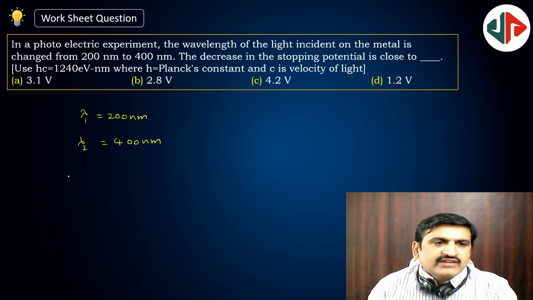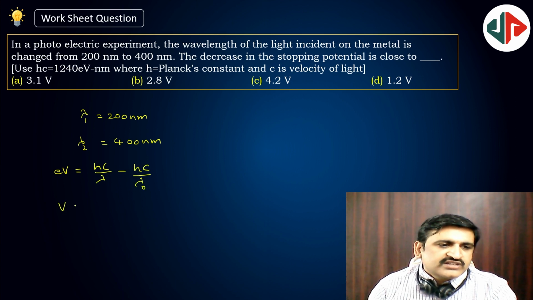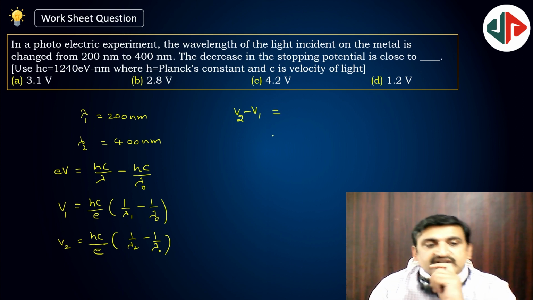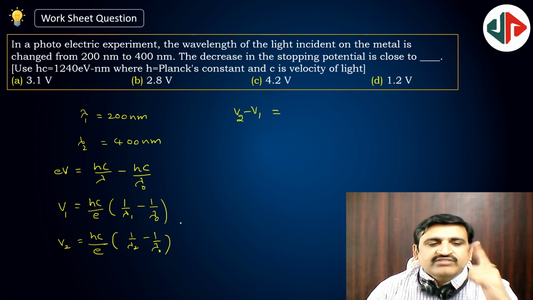See, we have stopping potential: eV, the kinetic energy, is equal to given energy hc by lambda minus work function energy hc by lambda naught. That means stopping potential V1 is hc by e into 1 by lambda 1 minus 1 by lambda naught, and V2 is hc by e into 1 by lambda 2 minus 1 by lambda naught. So V2 minus V1, subtraction, then 1 by lambda naught will go.